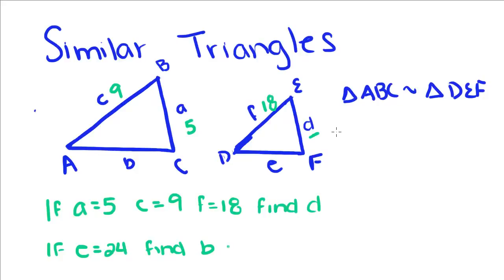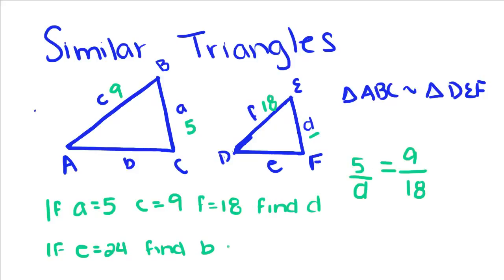So since they're similar, that means that their sides are proportional. So A, which is right here, 5, over D, which is what we're trying to find out, is equal to C over F, because they're similar and proportional triangles.